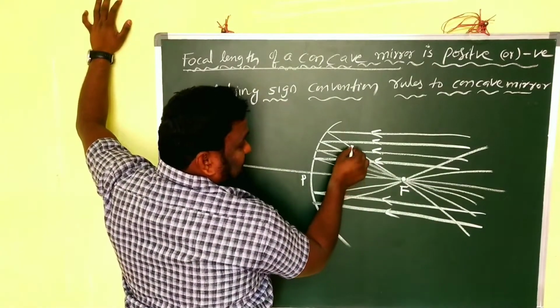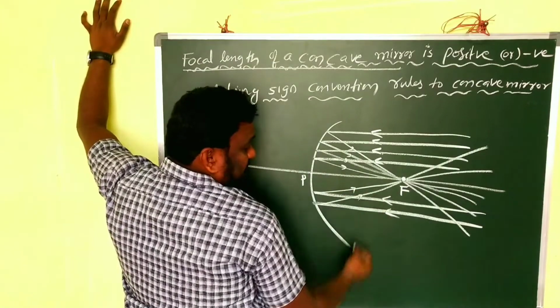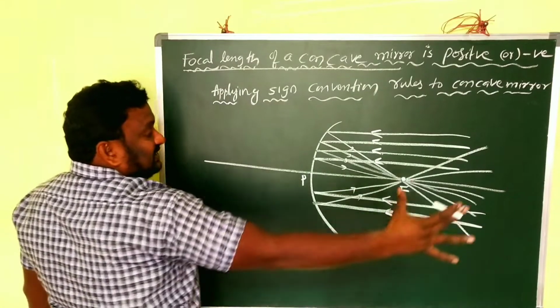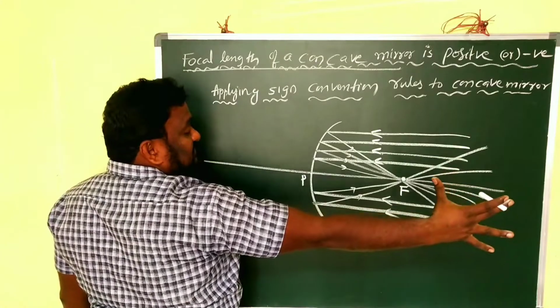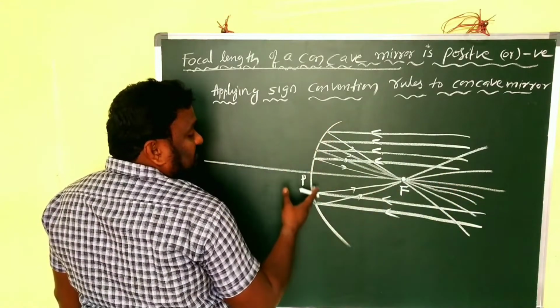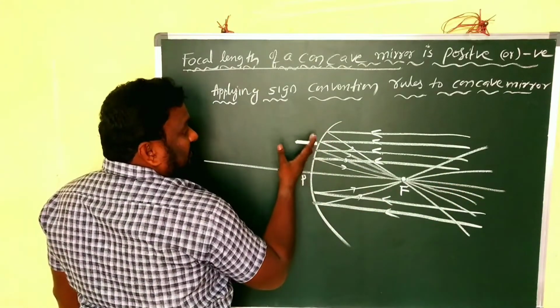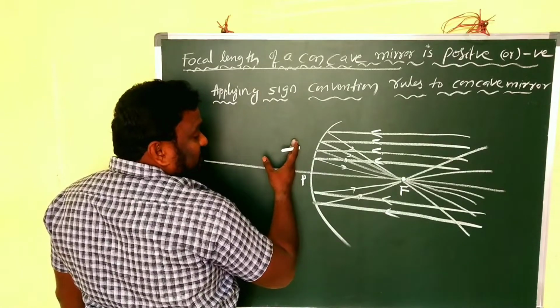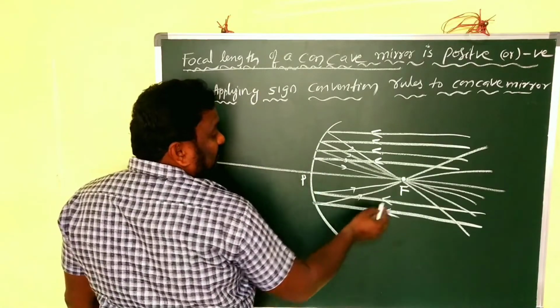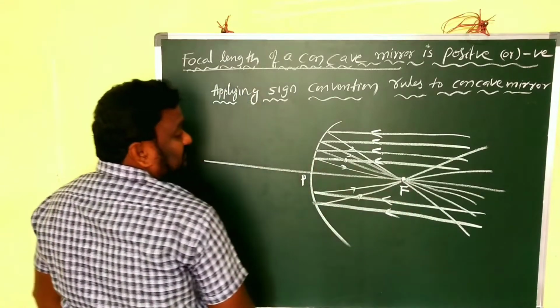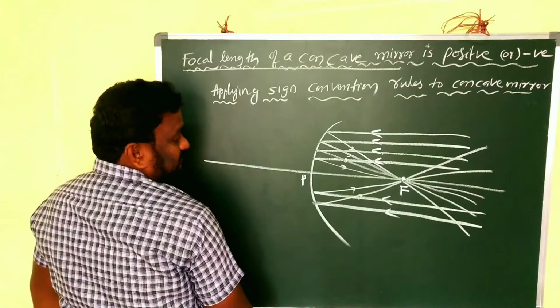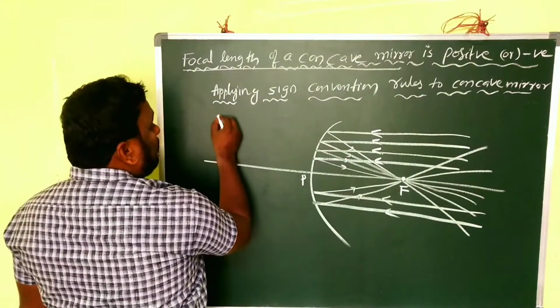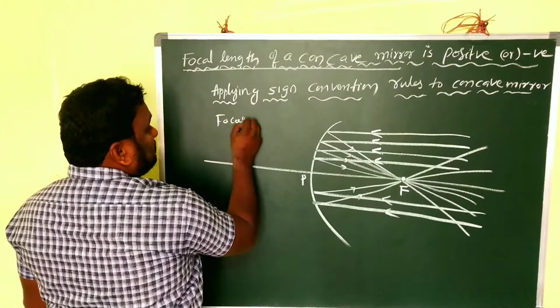These are the reflected rays. The light is coming from infinite distance, and after being incident on the concave mirror all the rays get reflected. Those reflected rays meet at one point, and that point we call the focus.